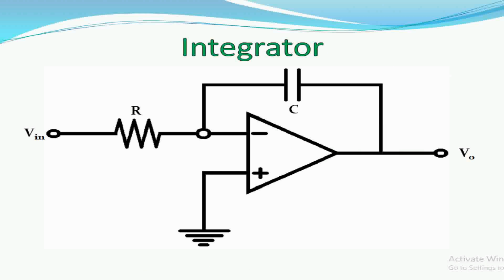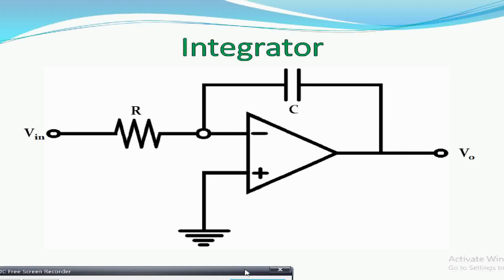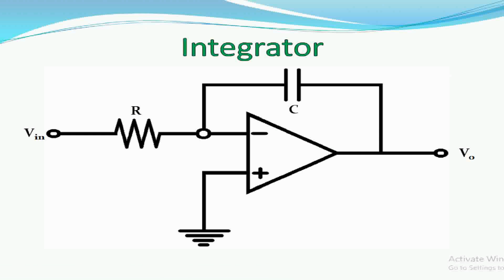This is your integrator. In the difference amplifier, what we got was V out is equal to RF by R1 into V plus minus V minus.